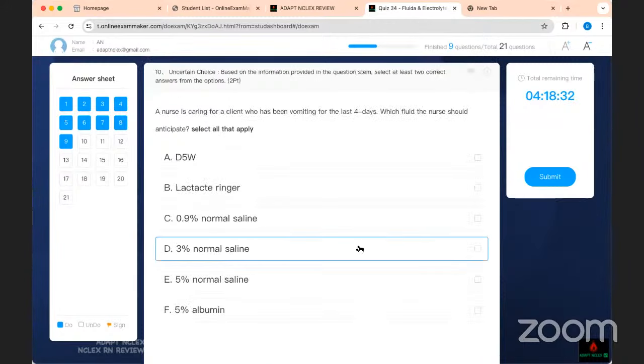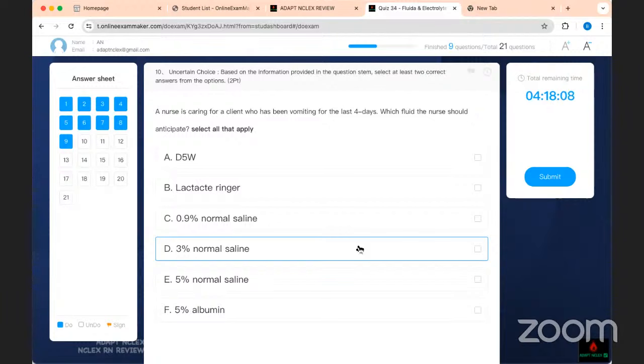A nurse is caring for a client who has been vomiting for the last 4 days. Which fluid should the nurse anticipate? I told you, right? When you vomit, what is happening? What kind of dehydration is that? See how I'm going to answer this question. If I vomit, what kind of dehydration is happening?